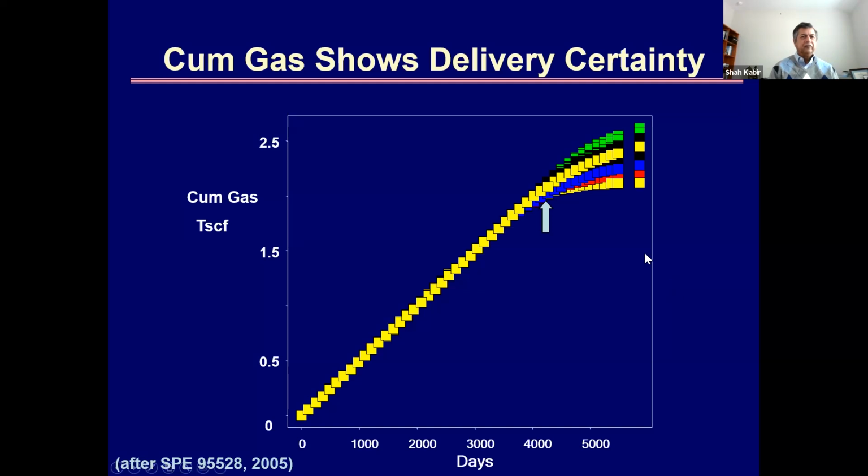So how did it turn out? Given all the uncertainty that we talked about, and the details are in the articles, we can say that we can get over 4,000 days, and so we can get this kind of TCF without any uncertainty.